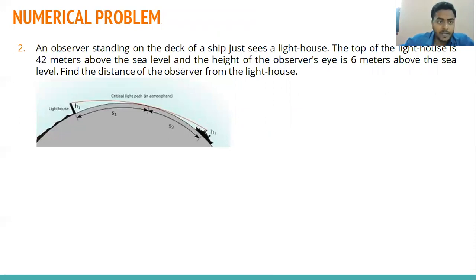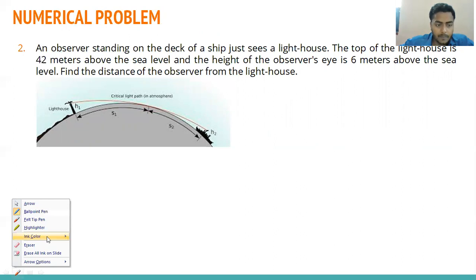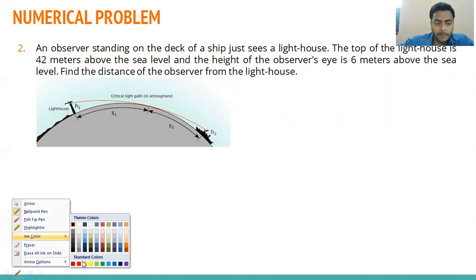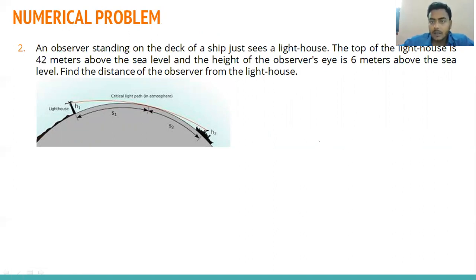Now, the second question: we have an observer standing on the deck of a ship who can just see the lighthouse. The person is standing here at this point. Now the top of the lighthouse is 42 meter above the sea level.